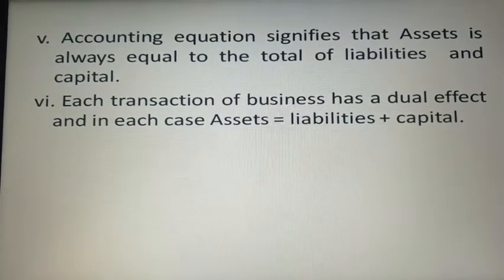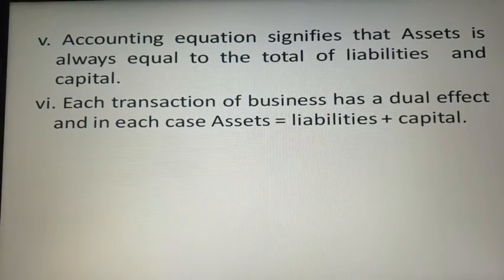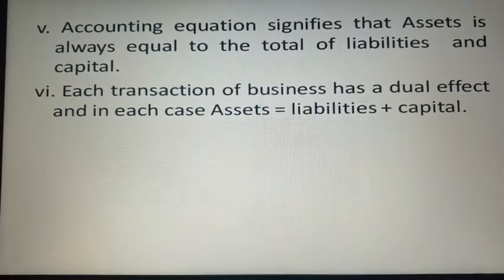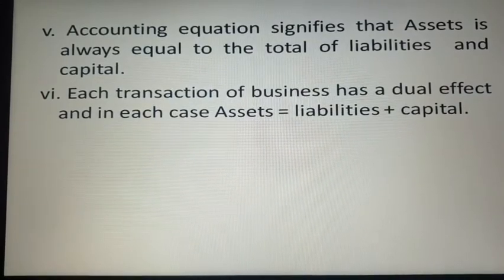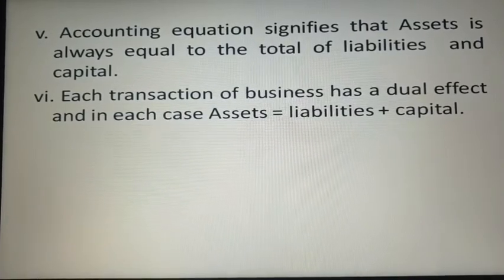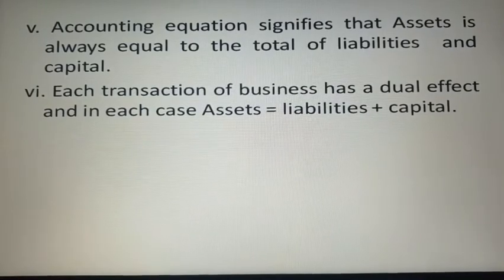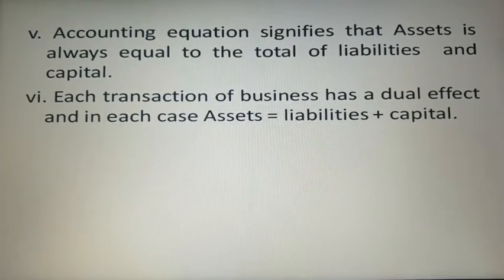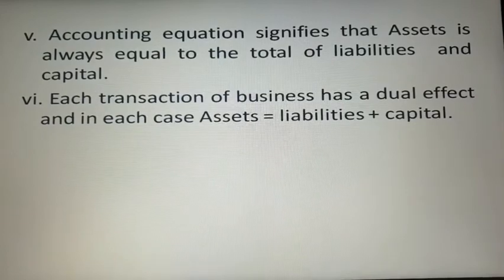And what is dual effect? In chapter number 3, that is accounting principles, I already discussed the dual aspect principle. What is the dual aspect principle? That each transaction affects at least 2 accounts. If one account is to be debited, then obviously another account should be credited, and each transaction affects the business in dual form.